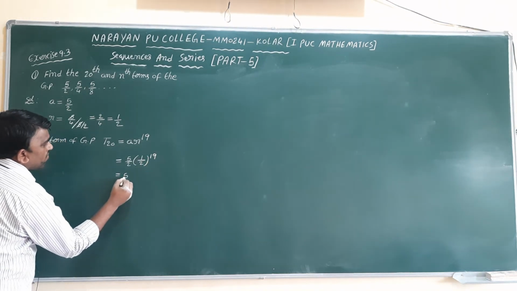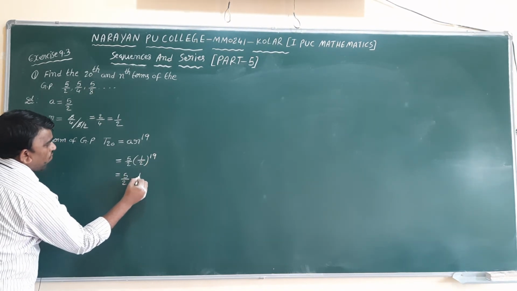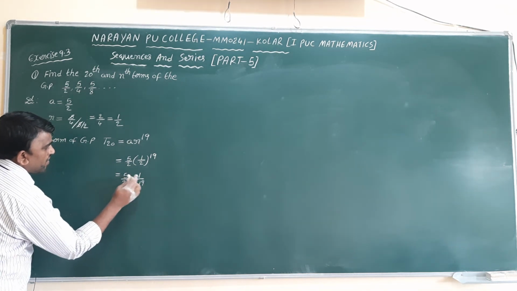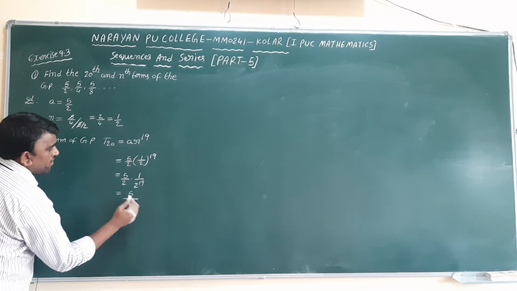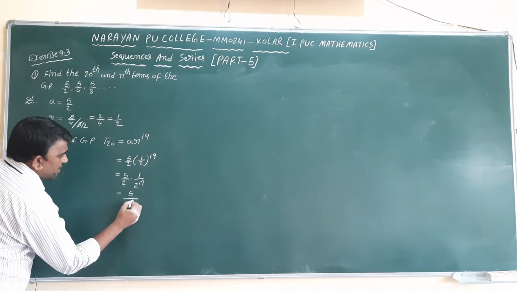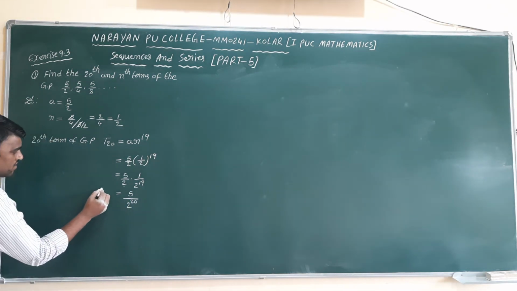That we can write as 5/2 into 1/2 power 19. 5 into 1, 5 divided by 2 power 1 plus 19, 2 power 20. It is the 20th term.